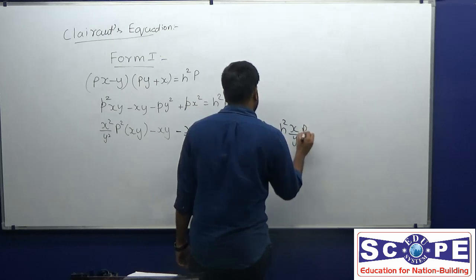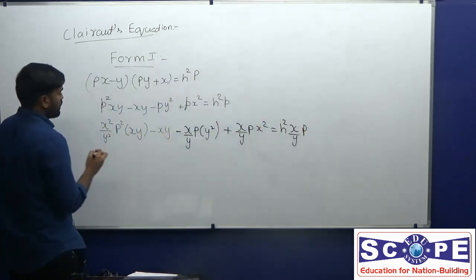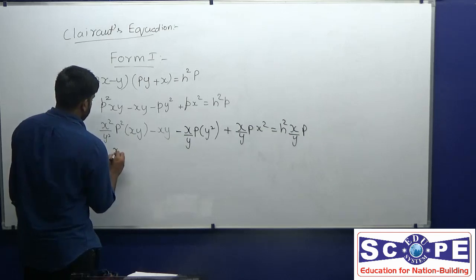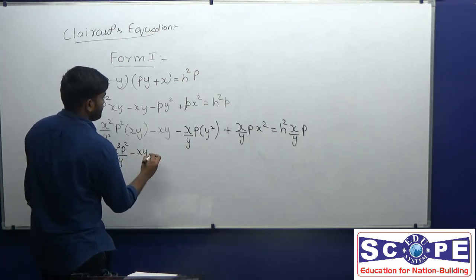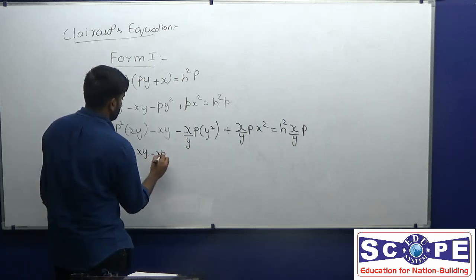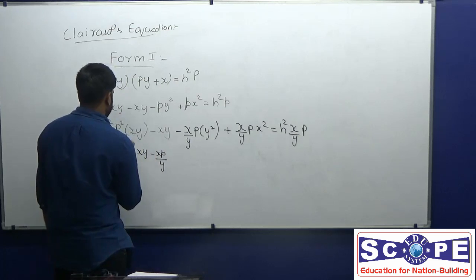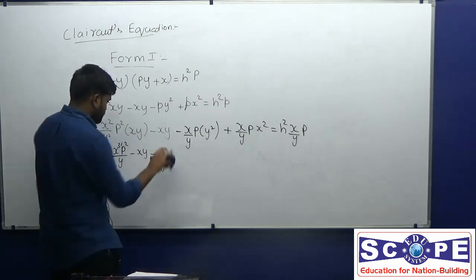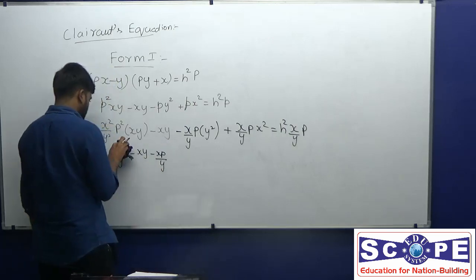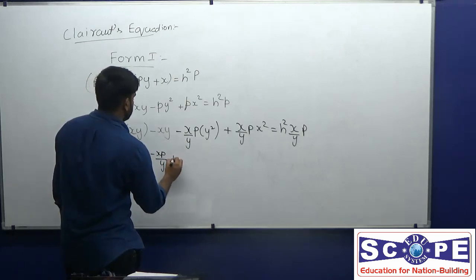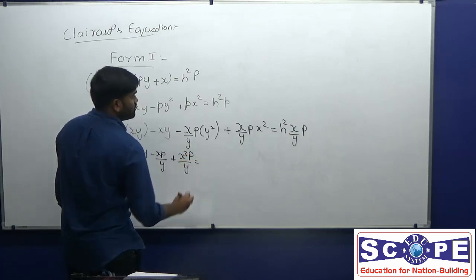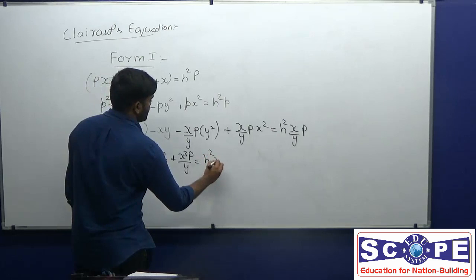X by y p. So we will get it as x cube p square by y minus xy minus xp by y minus xp by y plus x cube p by y equals to h square x by y p.